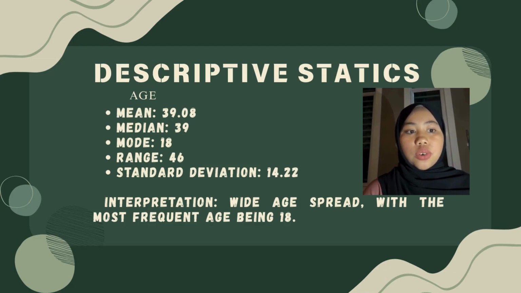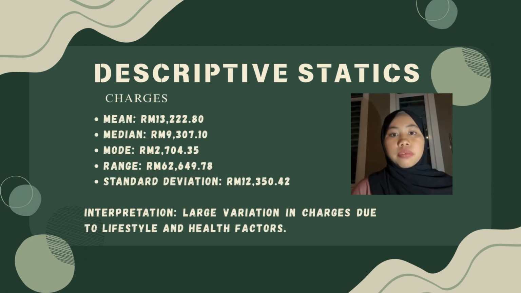The range is quite wide, from 18 to 64 years, with a difference of 46 years, and the standard deviation is about 14.22, indicating a high variability in age among the individuals.